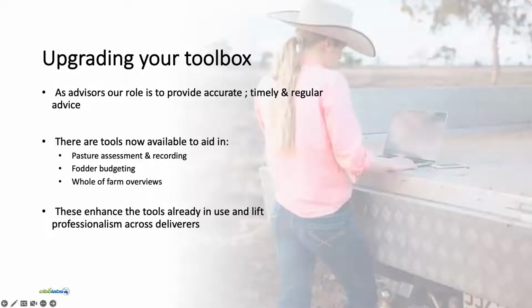So it's really about that accuracy and that regularity of advice and consistency about what you're looking to offer your clients and how you can make or help them make better decisions. So we have a lot of tools that are really available to help in terms of aiding your ability to do that.